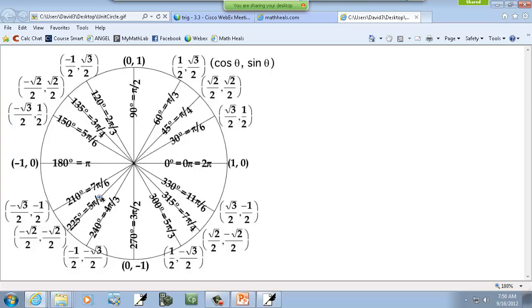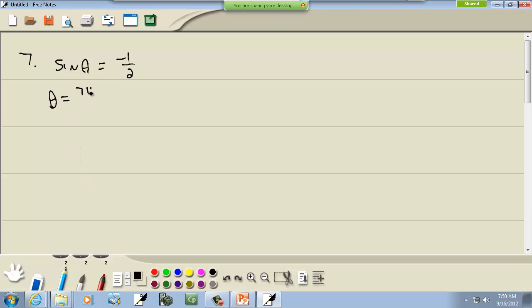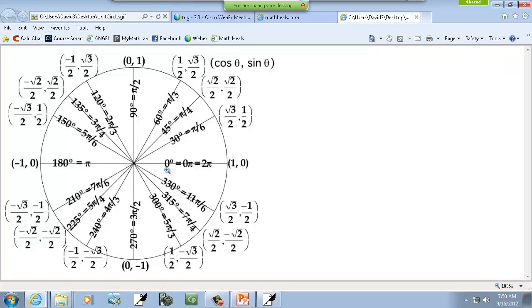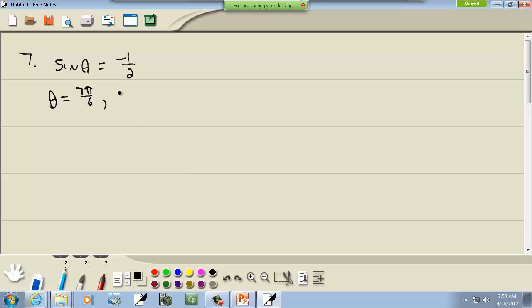Here's negative 1/2, 7 pi over 6. Negative 1/2. Here's 11 pi over 6. Of course, we know our next answer. We can take our first answer and add 2 pi, and that would give us 2 times 6 is 12 pi, 19 pi over 6.